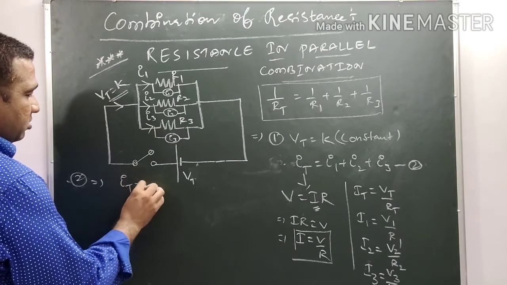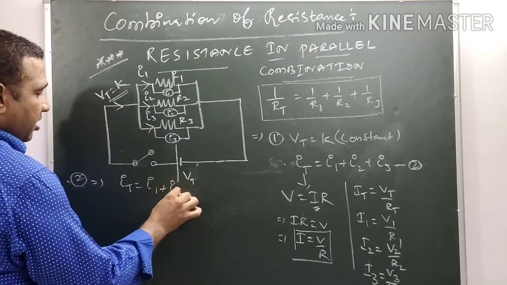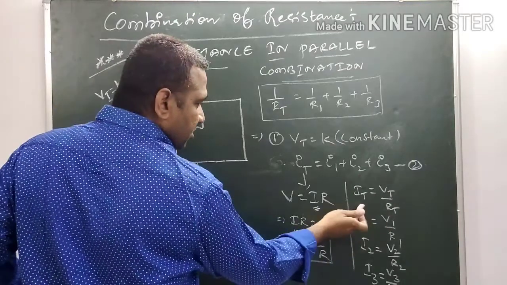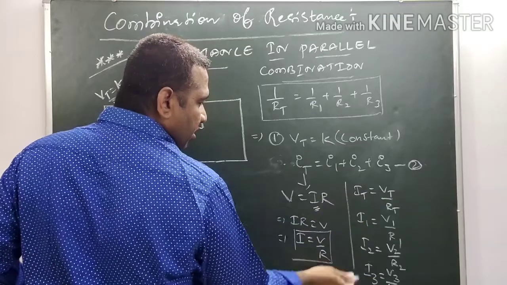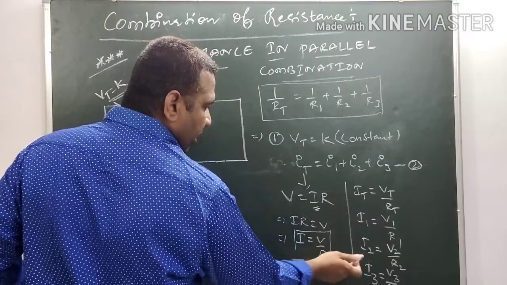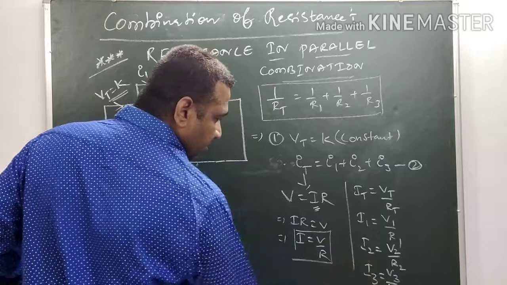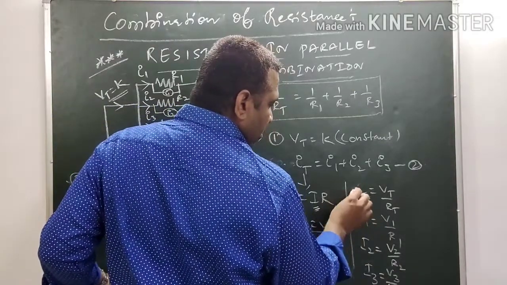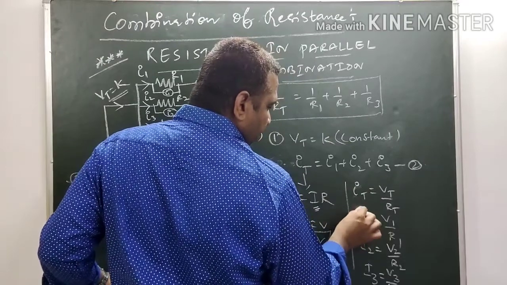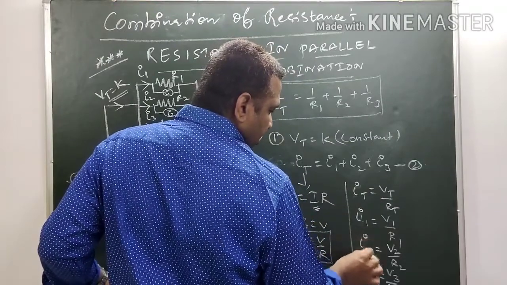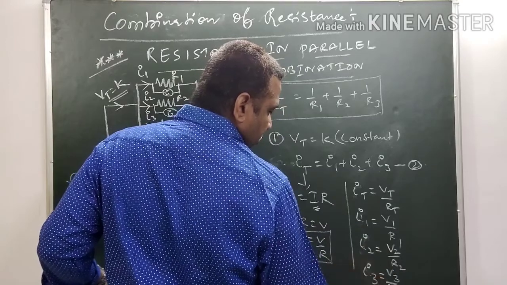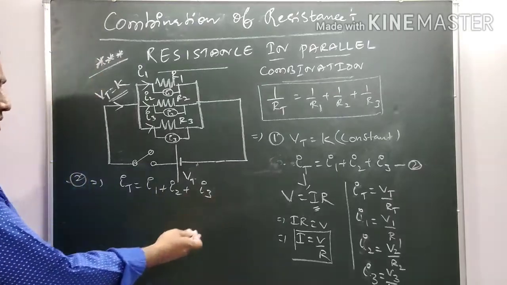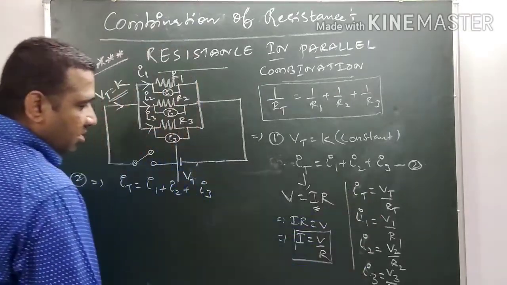Now you substitute these values: for It as Vt by Rt, for I1 as V1 by R1, I2 is equal to V2 by R2, I3 is equal to V3 by R3. You can take capital or small letters, because I have taken small letters here, that's why I have changed this to small letters there.